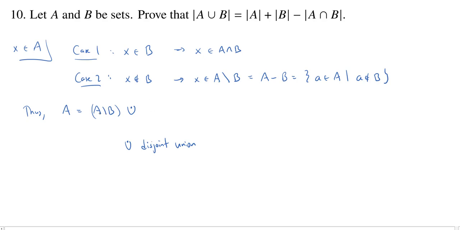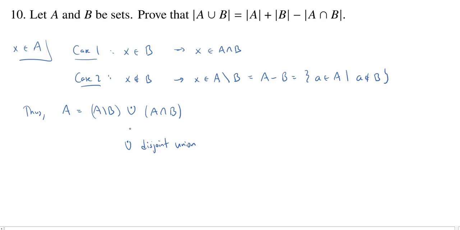So it's either in A and not in B, or it's in both, in which case it's in the intersection, A with B. Okay, so we now have a way of breaking up any set with respect to another set. You can write it as a disjoint union of the elements in A not in B with the elements that are in A and in B, that is, in the intersection.